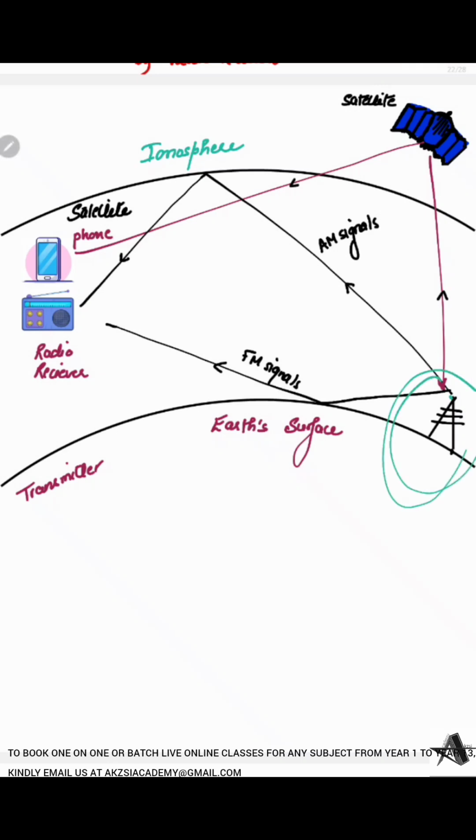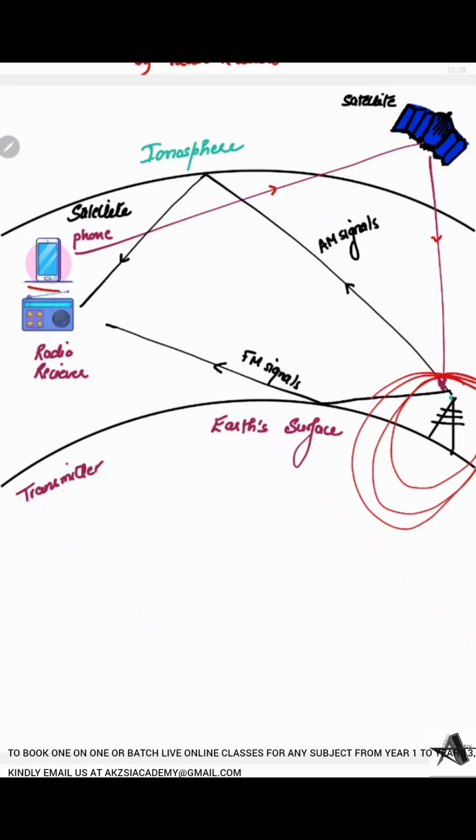This tower basically sends the signal, sends the radio waves, and then it's received by the satellite. The signal from the device is transmitted directly to the nearest satellite, and then this satellite sends the signal to the nearest land based center. Here in this case this is the land based sender.